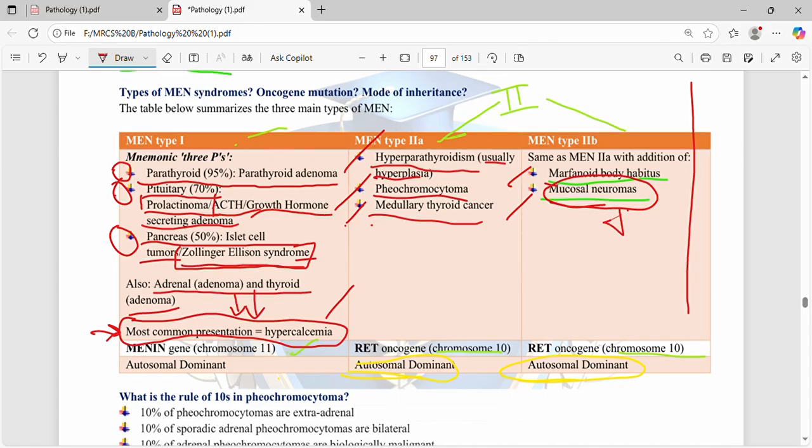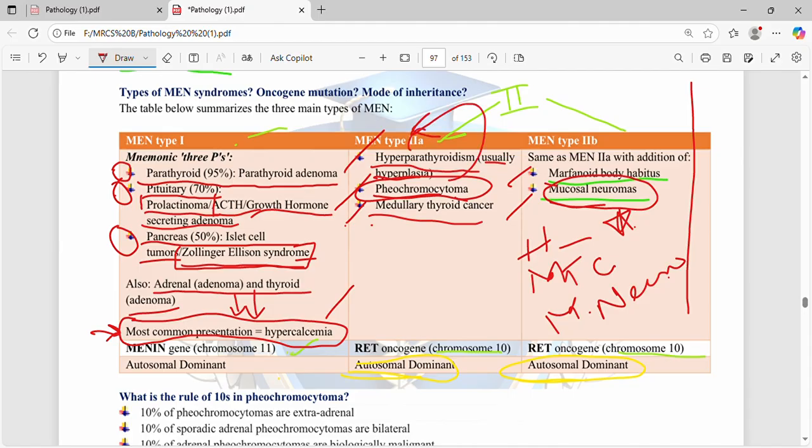Some people say that MEN 2B is hyperparathyroidism, medullary thyroid carcinoma and mucosal neuromas, excluding pheochromocytoma. Pheochromocytoma is more related to MEN 2A syndrome.